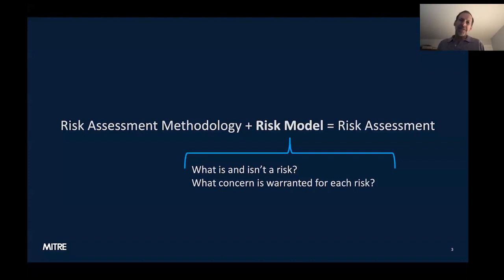The risk model tells you what is and isn't a risk and how worried you should be about those things that are risks. Whenever you're doing risk assessment, there's a risk model somewhere in there. There has to be, because if there isn't, you're basically doing an arbitrary assessment. You may as well be throwing darts at a dartboard.